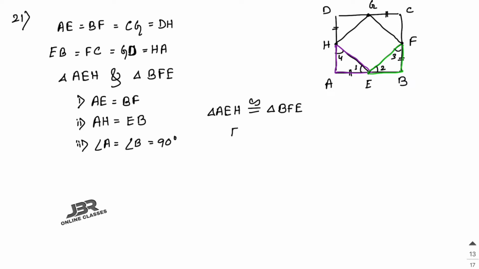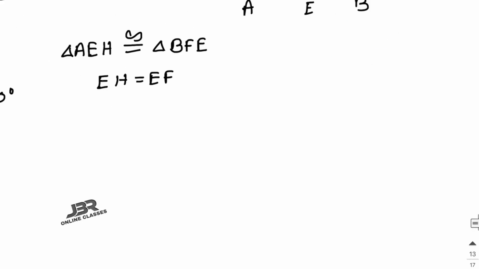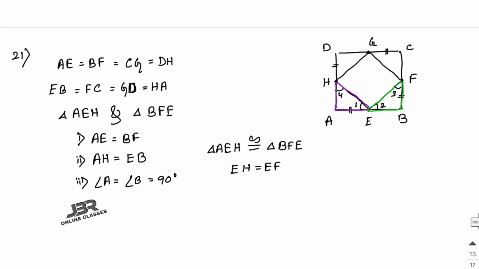So these two triangles are equal. That means here EH is equal to EF, and angle 4 is equal to angle 2. But here angle 1 plus angle 2, that one equal to here 90 degree.